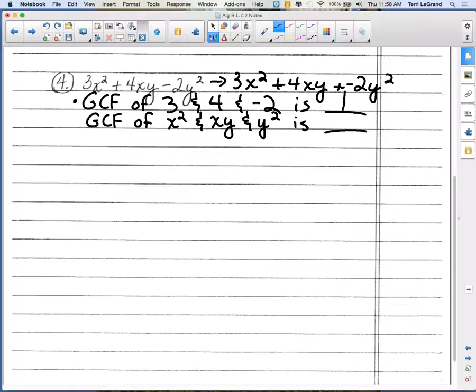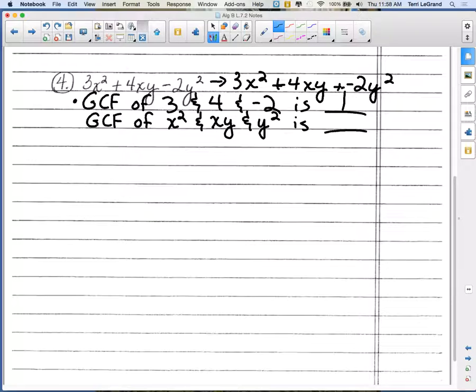And if you picked y, which one could you divide into? The x squared. So no matter what you try, if you try to divide out some x's, not all the terms have x's. You try to divide out some y's, not all the terms have y's. You even try, okay, fine, then I'll divide out some xy's. Well, they don't all have xy's, do they?